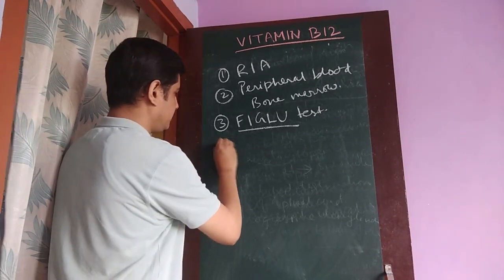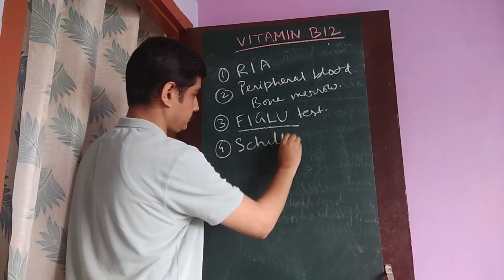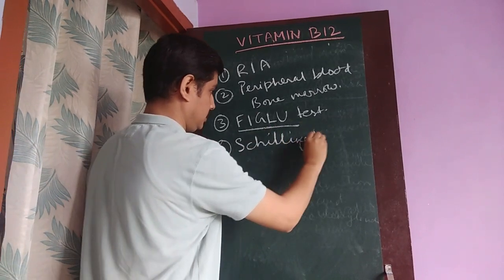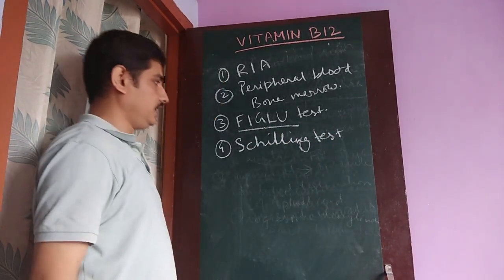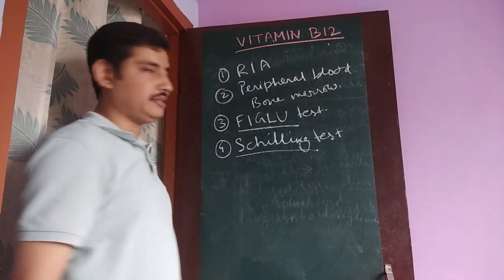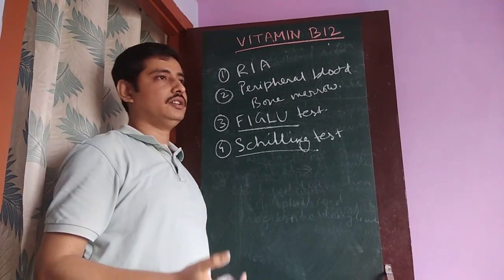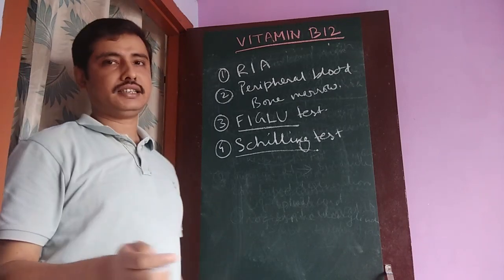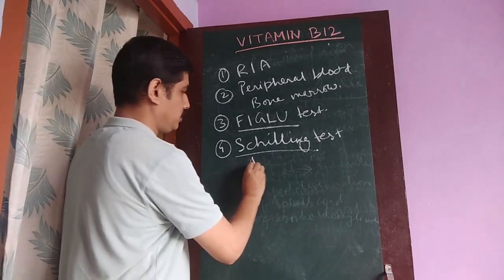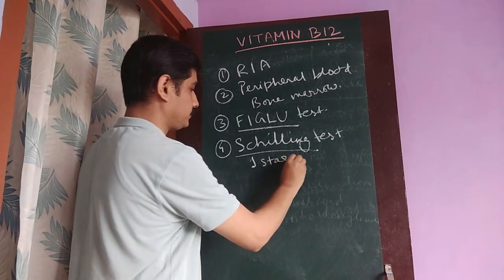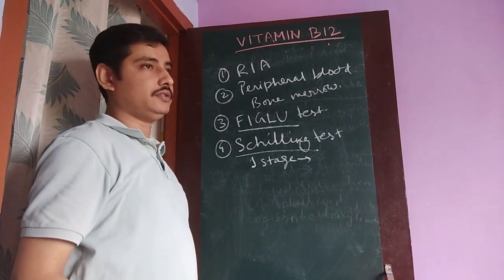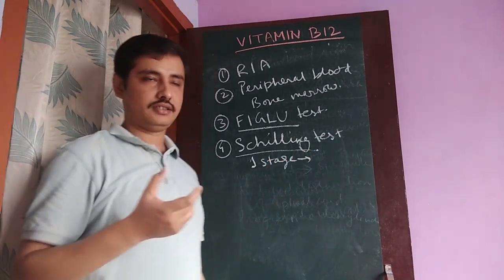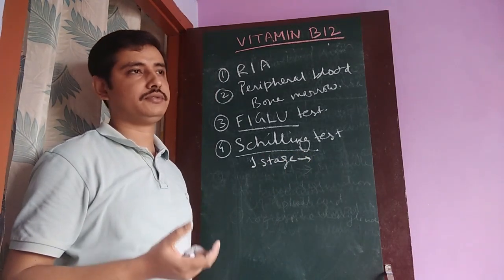Number 4 is the Schilling test. The term Schilling comes from the scientist who discovered it, Robert Schilling. The Schilling test is done in 4 stages. In stage 1, we orally administer a particular dose of vitamin B12 to the patient.